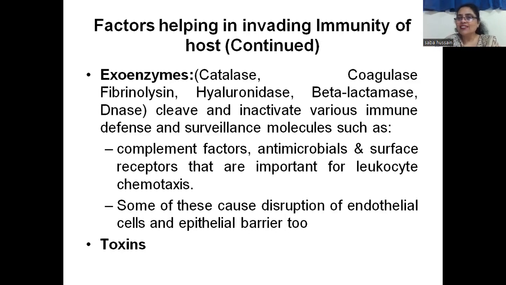By these enzymes, it is fooling our complement factors, antimicrobials, and surface receptors that are important for leukocyte chemotaxis. Chemotaxis is the movement of leukocytes towards the foreign things. These enzymes present in this bacteria are stopping and fooling our immune system, and they can even disrupt or cause damage to endothelial and epithelial barriers.